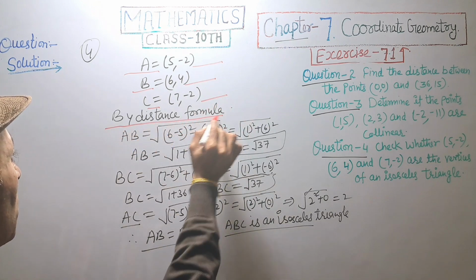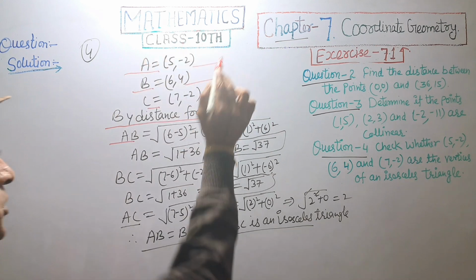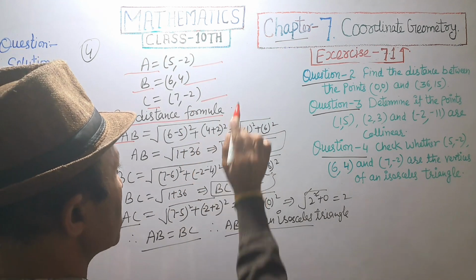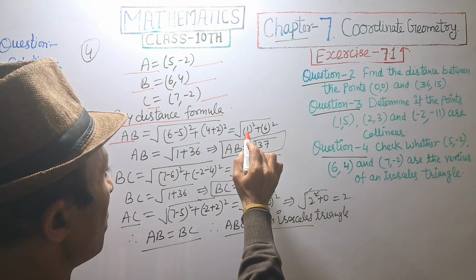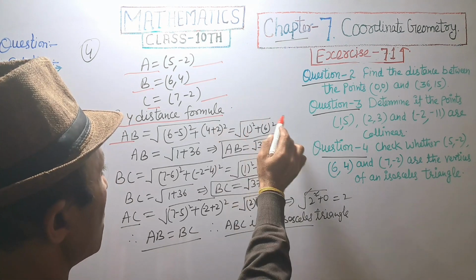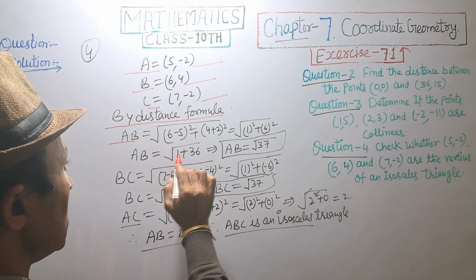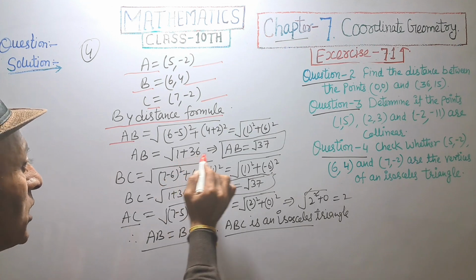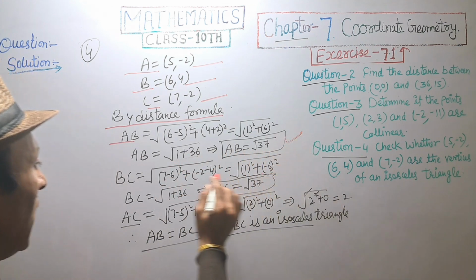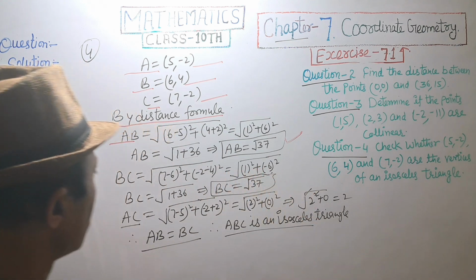By distance formula AB is equal to under root of (x2 minus x1) square plus (y2 minus y1) square. This implies under root of 1 square plus 6 square. 1 square is 1 and 6 square is 36. 36 plus 1 is equal to 37, and AB is equal to under root of 37.